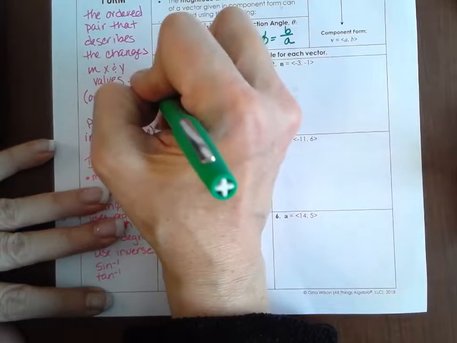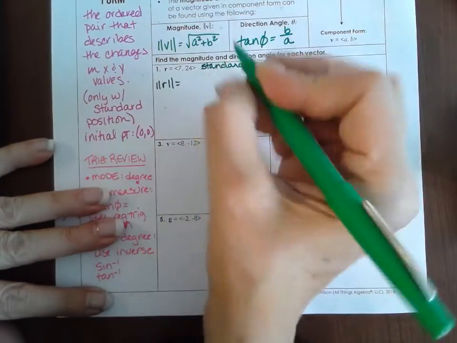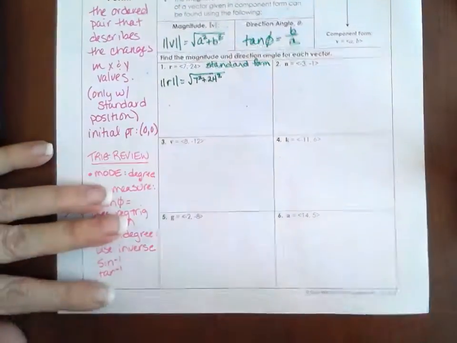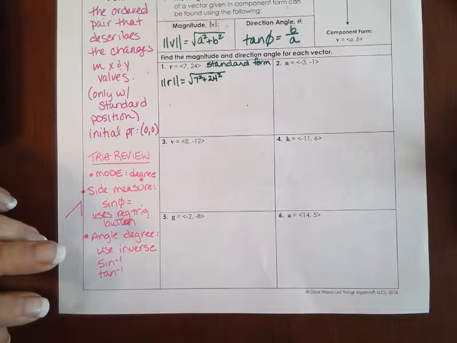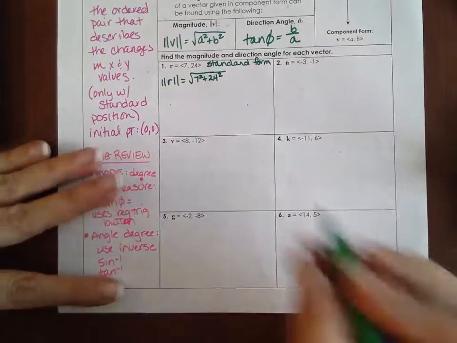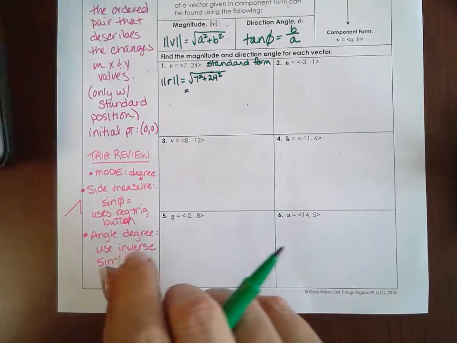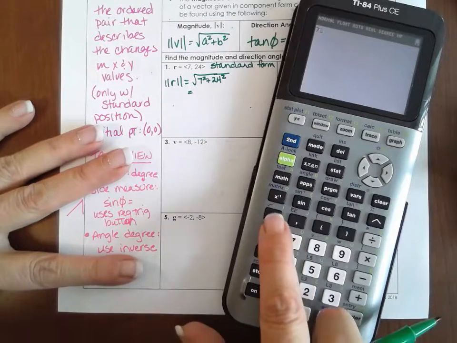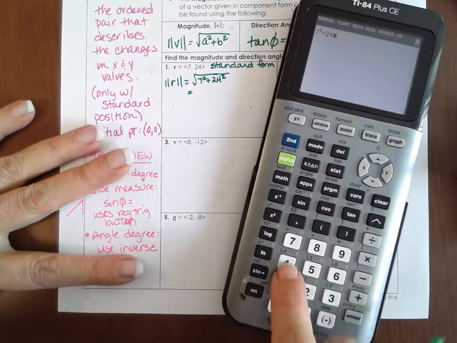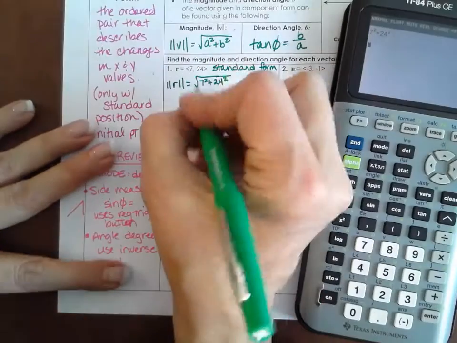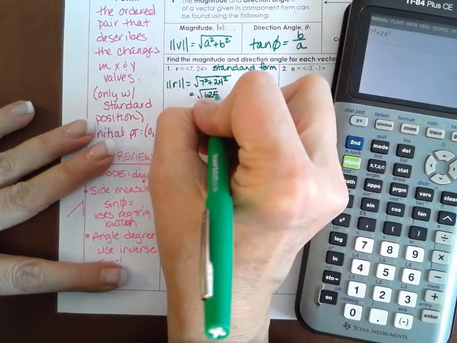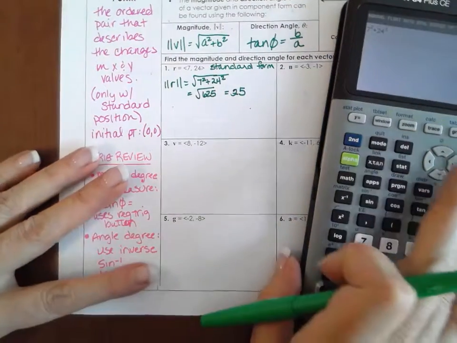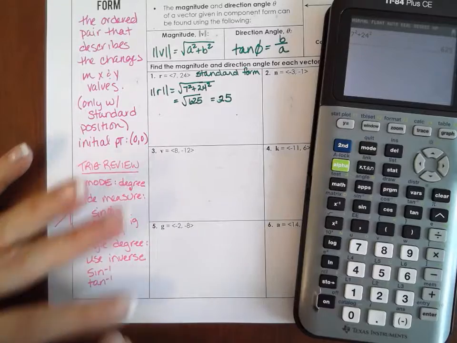That means my magnitude for R is just the square root of 7 squared plus 24 squared. Which makes it super easy because I can just do 7 squared plus 24 squared. And hey, the square root of 625 is 25. Much easier than the distance formula, yes?